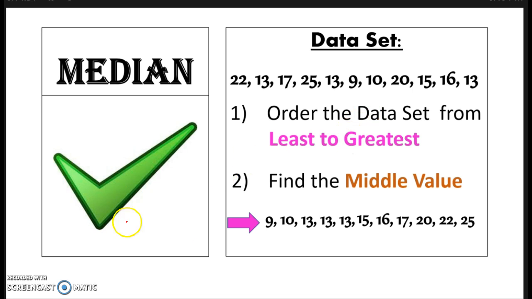To find the middle value, we can simply cross off from each side until we're left with 1, like this. You could also cross off in 2s, 1, 2, 1, 2, and I'm left with 15, which should have been the median that you got on the previous question.